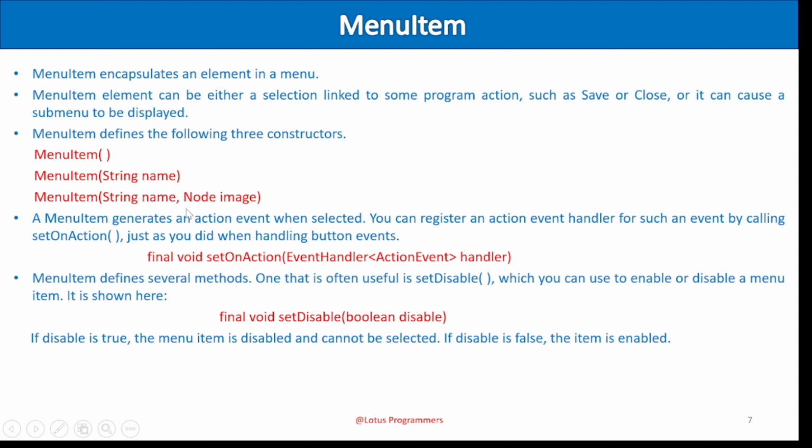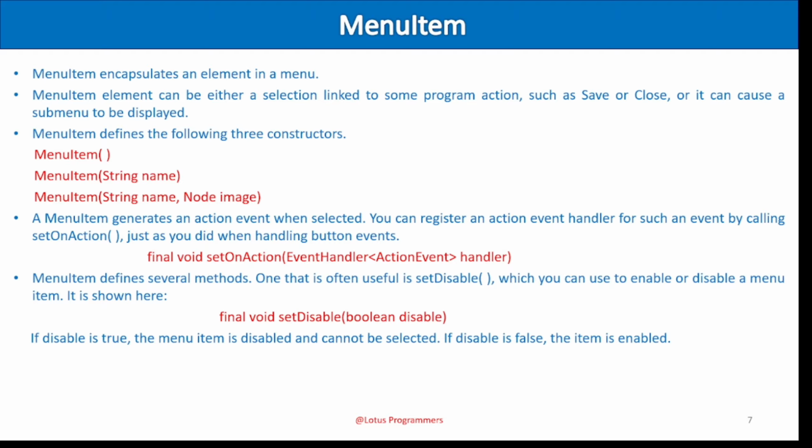When a menu item is clicked, the action event is performed. In order to register the action event, we will call the setOnAction method on the menu item. As the argument of the setOnAction method, we will define the appropriate event handler.